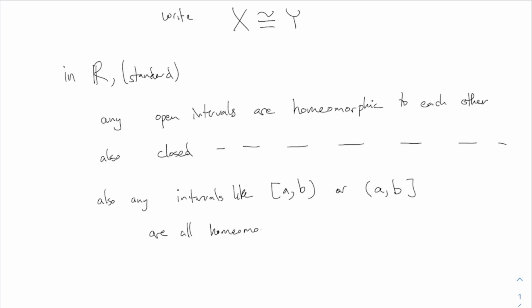We consider all intervals in topology to be basically the same. It does matter which of the endpoints they include, but it doesn't matter how big it is, because you can stretch them out by a homeomorphism or move them around along the number line. It doesn't matter where it is situated.